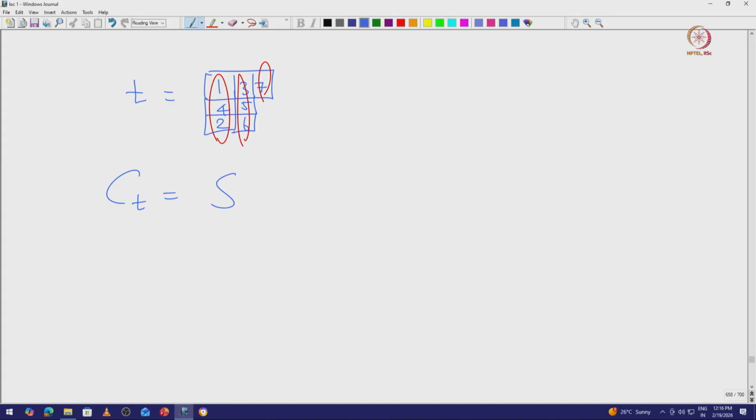So, this is exactly S of 1 4 2, and since all these columns are different, the stabilizer will be just the product of groups that stabilize each column. So, this is going to be exactly the product S of 1 4 2 and then S of 3 5 6 and then S singleton 7.